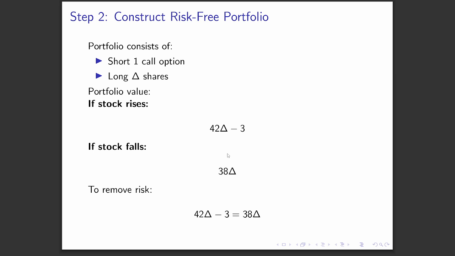And if the stock falls to 38, the value of the portfolio becomes 38 delta. So to eliminate the risk, we make the portfolio values equal in both states. Therefore, we write 42 delta minus 3 is equal to 38 delta. This ensures the portfolio is risk-free.